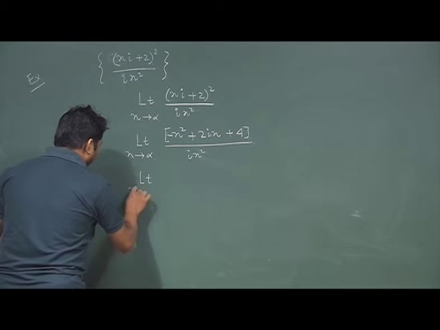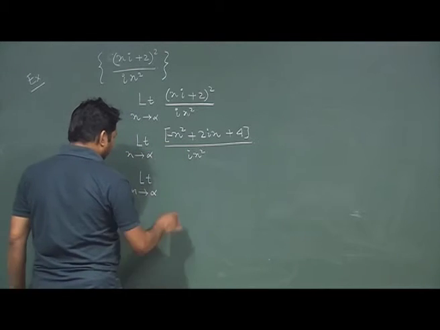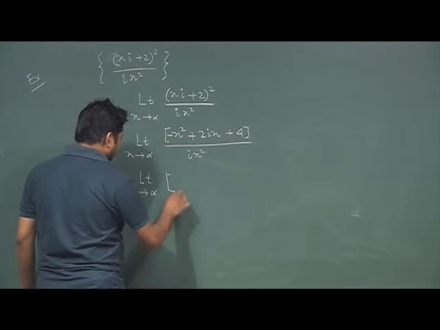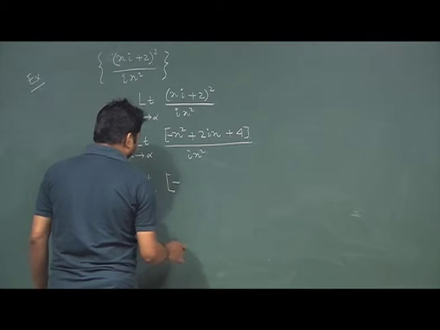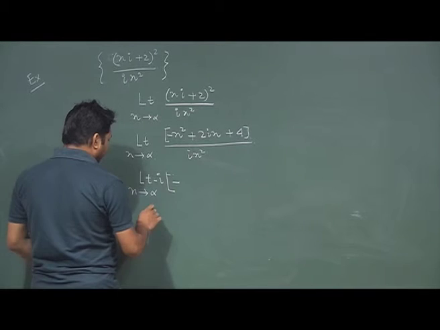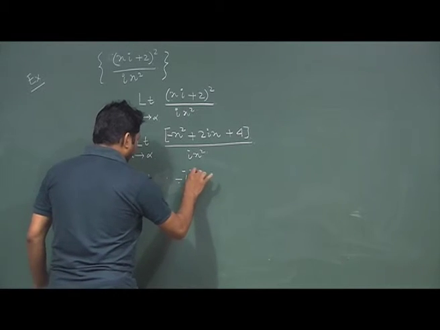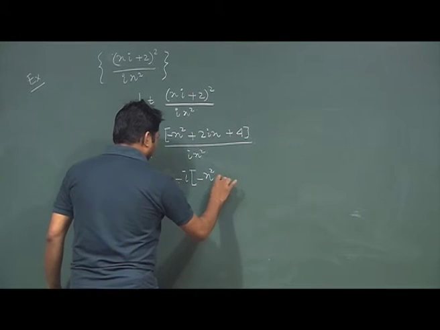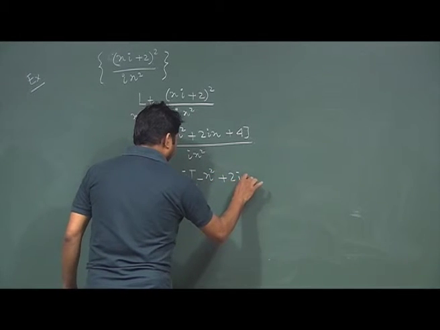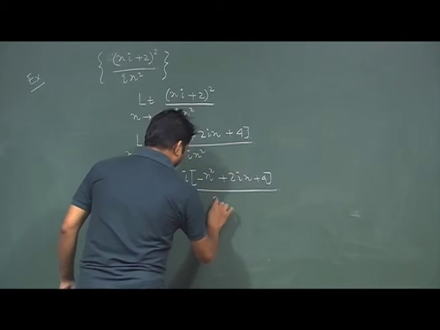So the limit as n tends to infinity, if I multiply with I, will be minus I into minus of n square plus 2 I n plus 4, divided by n square.